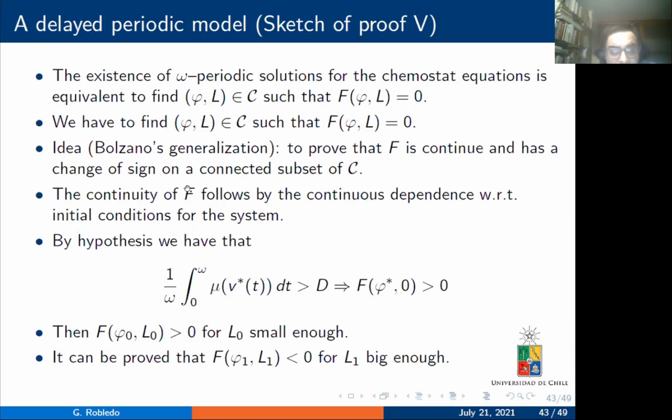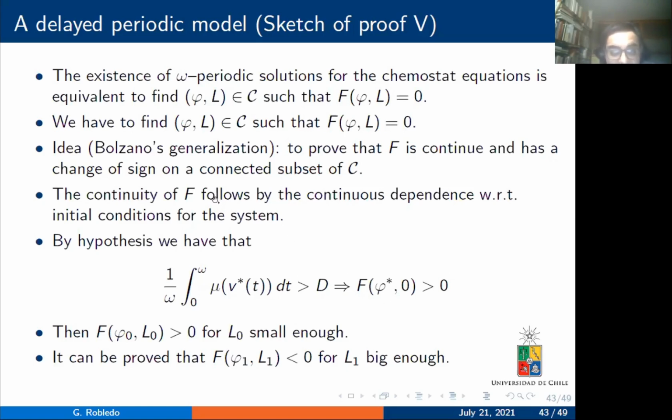The continuity of F can be proved easily by using theorems of continuous dependence with respect to initial conditions for the system. In order to study the change of sign, we have to recall this assumption, which implies this inequality.